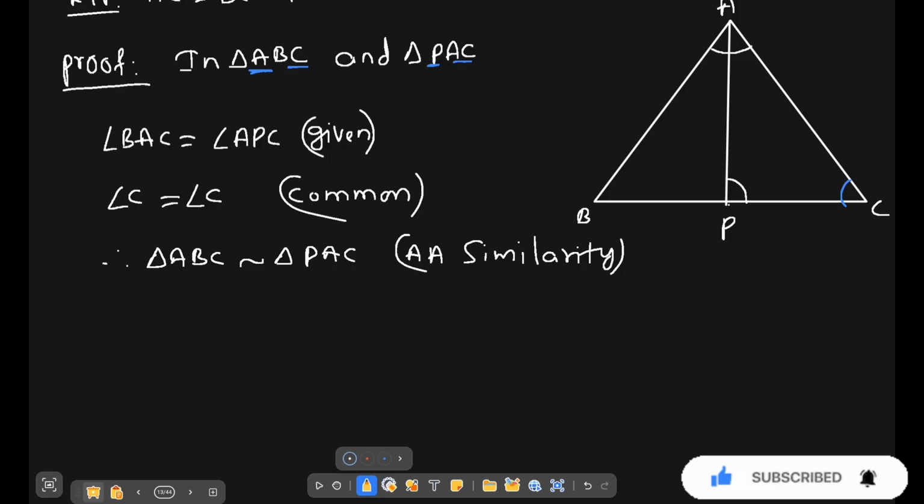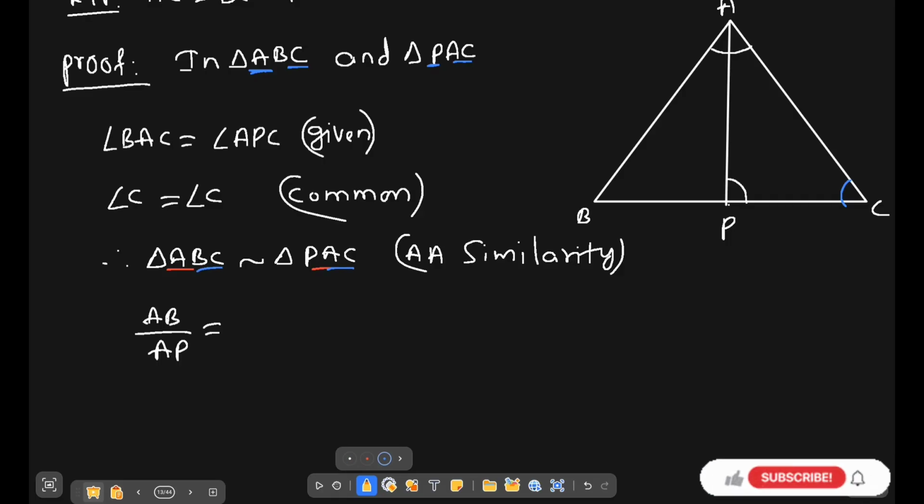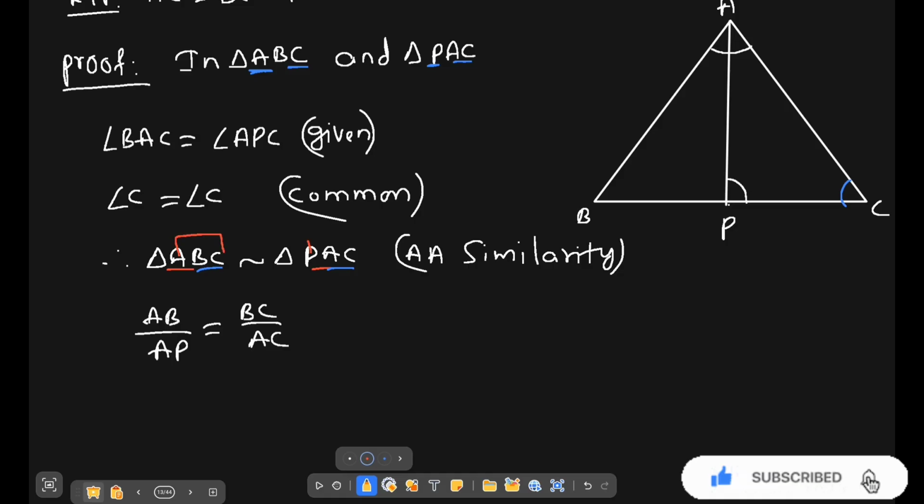So what are the corresponding sides? AB by AP, then BC by AC, and next AC by PC.